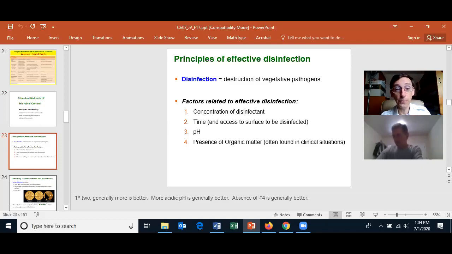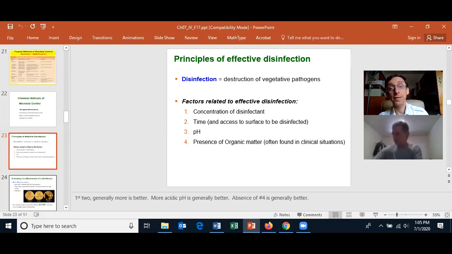Factors related to effective disinfection: the concentration of the disinfectant, also the time and the access to the surface to be disinfected. So generally speaking, the stronger the concentration of the disinfectant and the longer the time the disinfectant is applied, the better it will be. Any questions about that?